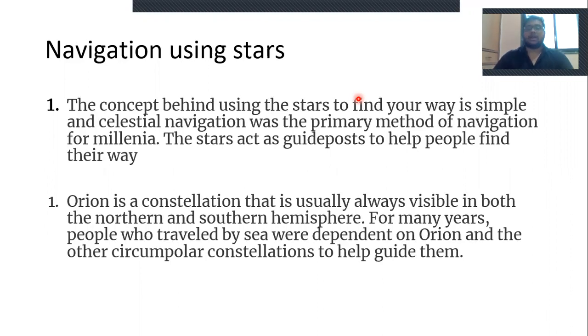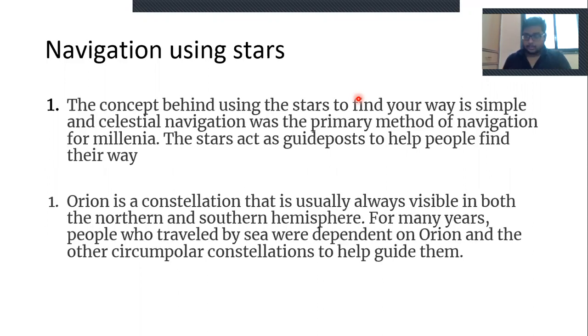Orion is a constellation that is usually visible on both the north and south sides of the world. For many years, people who traveled by sea depended on Orion and other constellations to guide them in the right direction. When Orion is in the night sky, you know that those three stars point in a specific direction.